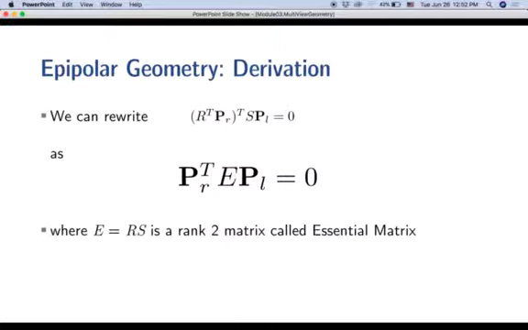A rank 3 multiplied by a rank 2 is also a rank 2. So E is a rank 2 matrix, and we call it the essential matrix. This essential matrix is relating the coordinates of my world point seen in this camera frame and this camera frame. It's relating them in some way.